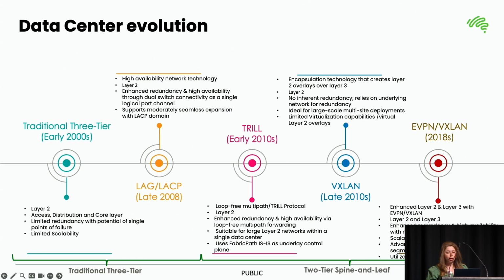Various vendors adopted this protocol under different naming to enable active uplinks and fully utilize available bandwidth by eliminating blocked ports. This technology is particularly effective in small data center environments, where it optimizes traffic flow between clients and servers, ensuring efficient northbound and southbound communication.